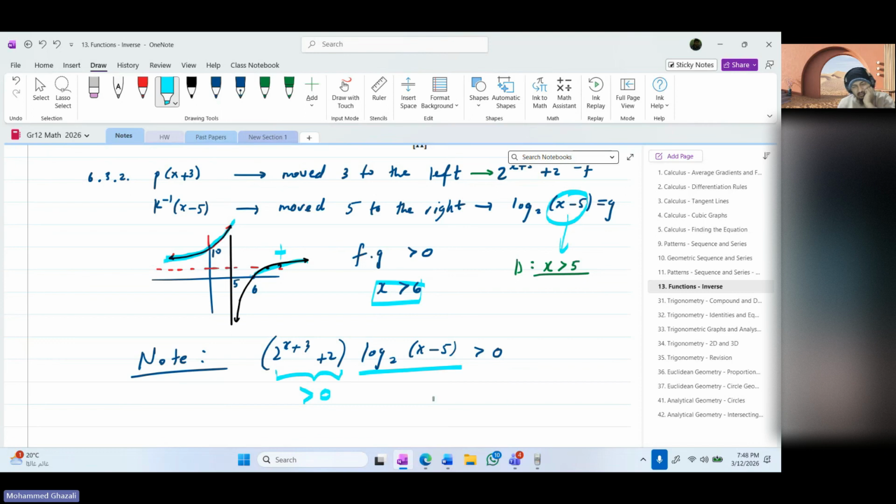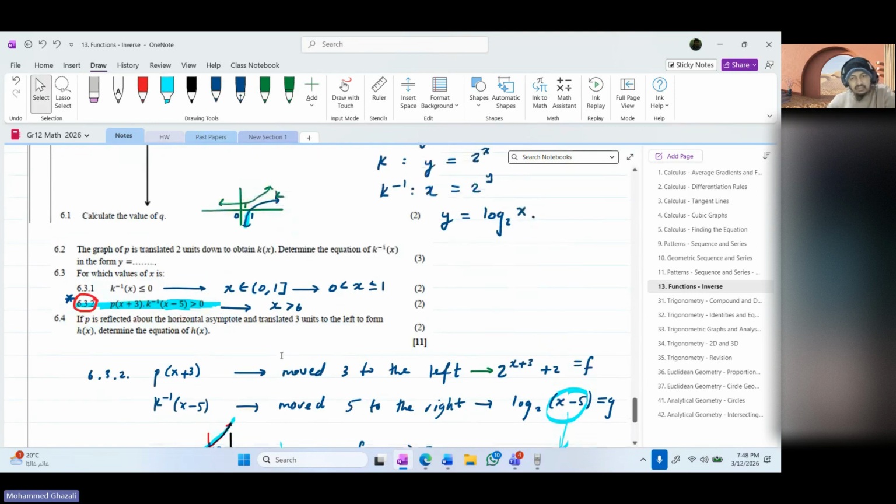So now let's look at the positive of this. You can convert it back to exponential: 2 to the power 0 is x - 5. So x is greater than 2 to the power 0, which is 1, and 1 plus 5 is 6. We got the same answer using algebra. So avoid algebra, you can just use the graph.